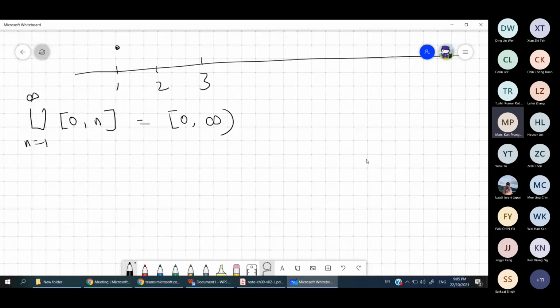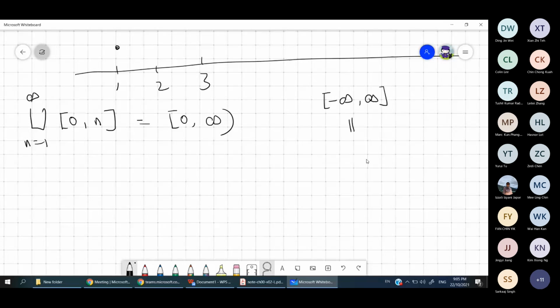But would there be a situation where it can include infinity, or no? That will be yes, but let me see. Are we going to discuss that situation? I also can't remember. Yes, we can have things like negative infinity up to positive infinity.